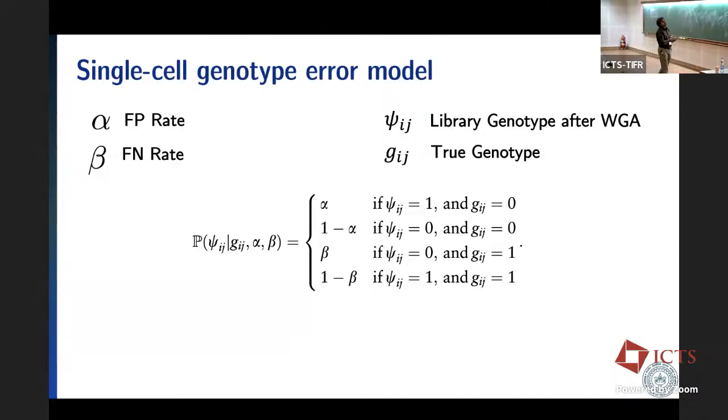So given these two values of these variables, the conditional probability will be beta, otherwise it will be 1 minus beta, okay? So these are simple Bernoulli distributions.